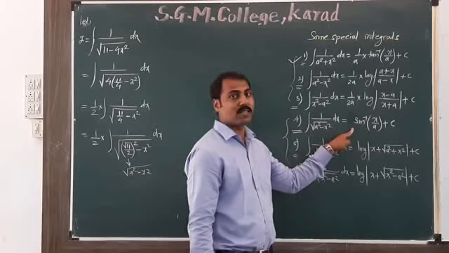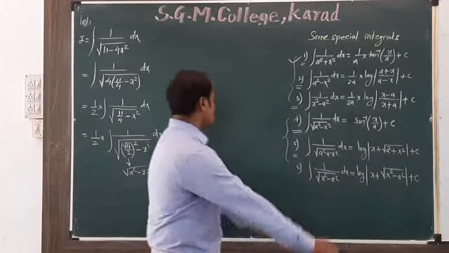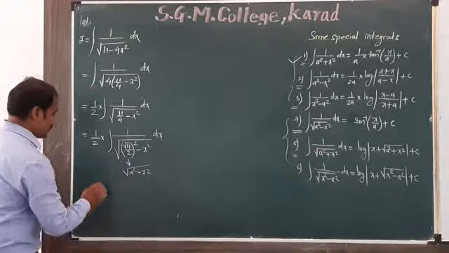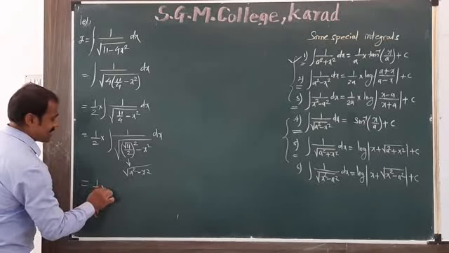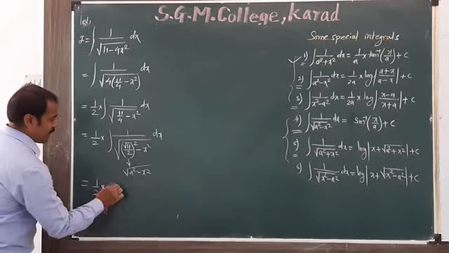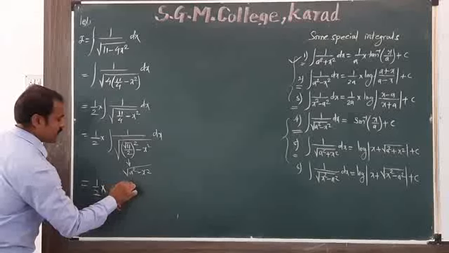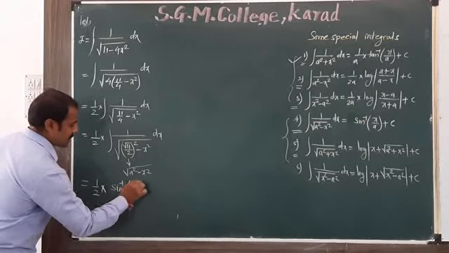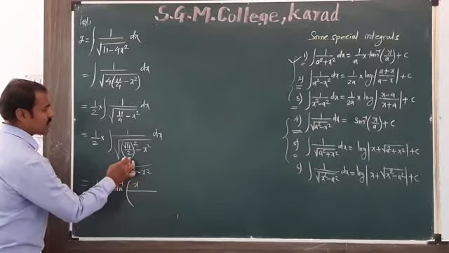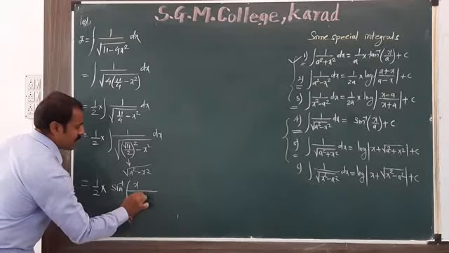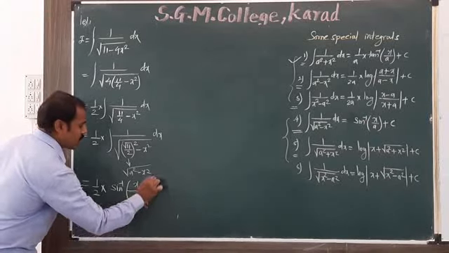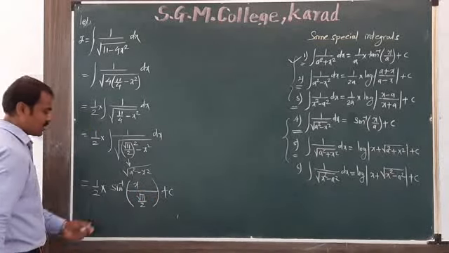The answer of the integration is sine inverse x upon a, which is equal to 1 upon 2, constant as it is, into sine inverse. What is the value of x? It's x divided by, what is the value of a? Root 11 divided by 2, plus constant of integration.